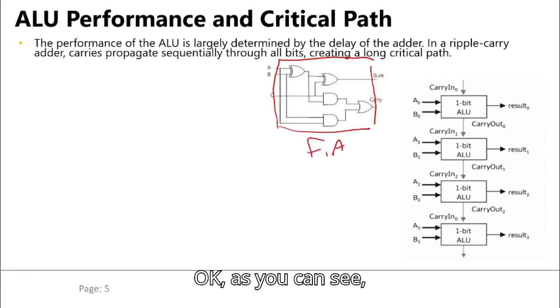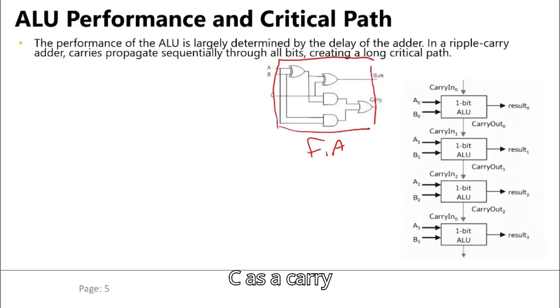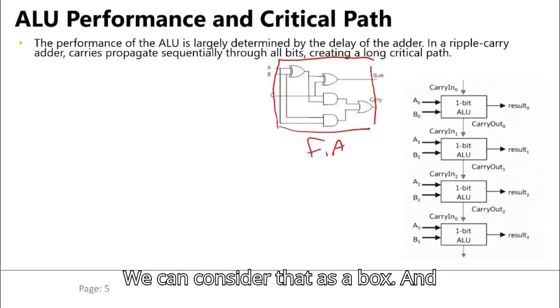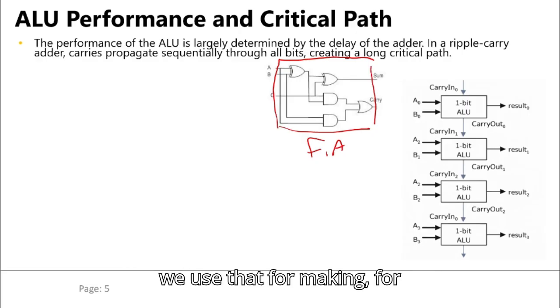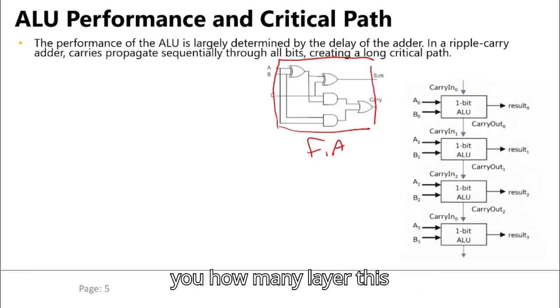As you can see, we have A as a bit, B as a bit, and C as the input carry. We can consider that as a box, and we use it for making, for example, a 4-bit adder. But I'm going to ask you how many layers this circuit has.